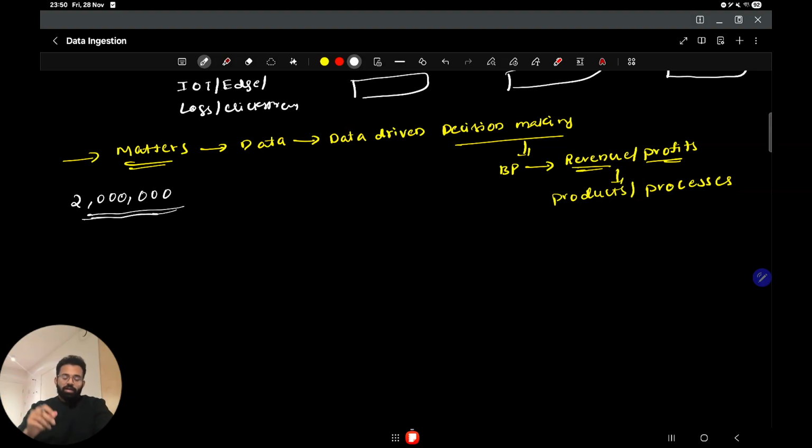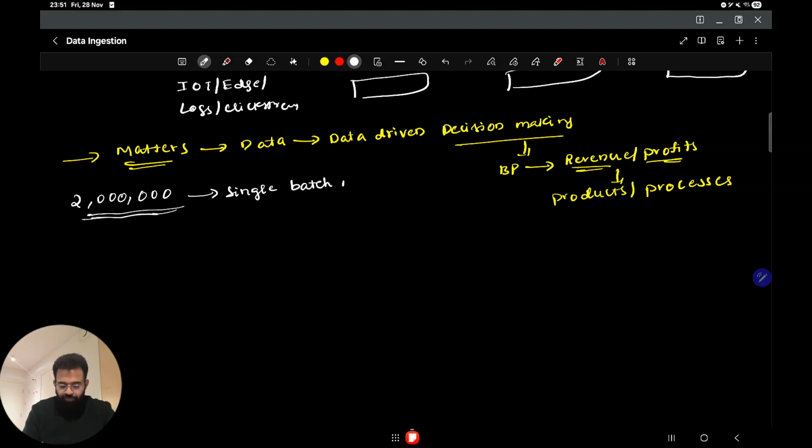What happens if they ingest the data once per day? If they want to ingest all 2 million records once a day, we are implying that we should process all the 2 million rows in a single batch window.